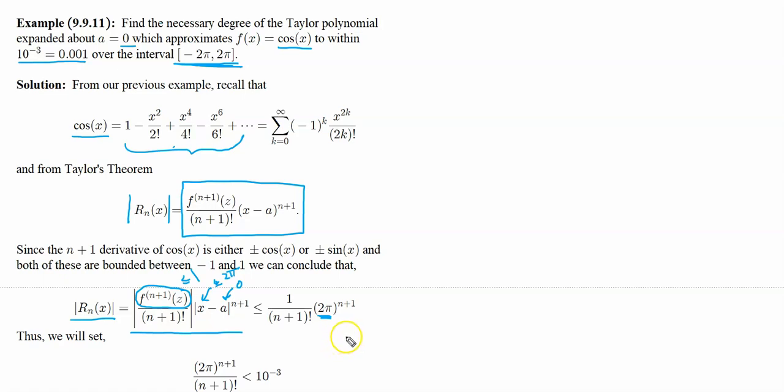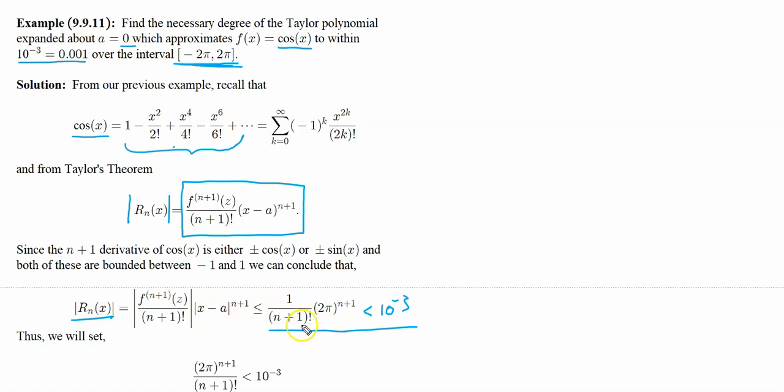Okay, so what we're going to do now is we know that the remainder term is less than this quantity. We will set this less than 10 to the negative third and solve this inequality for n. Well, we're not going to really solve it for n because we have a factorial down here.